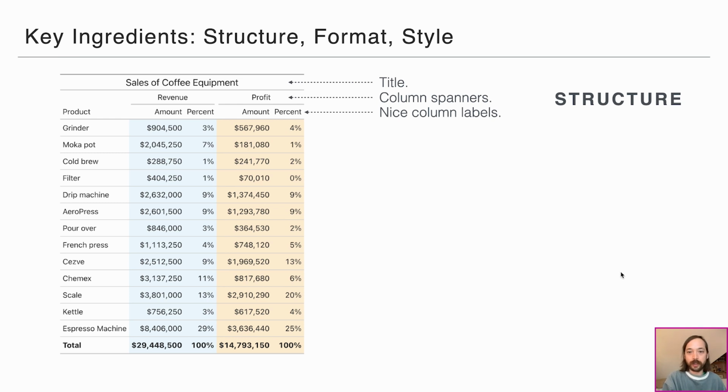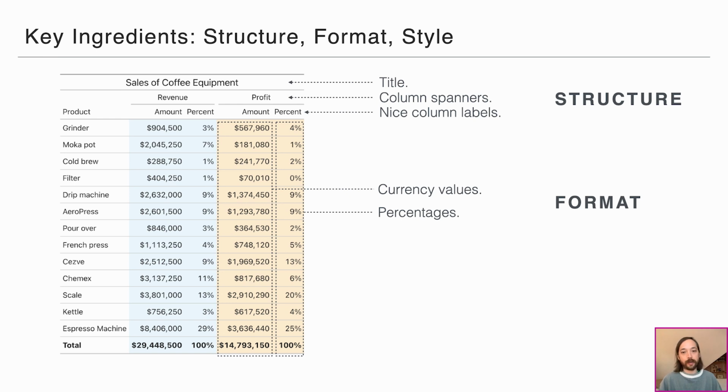The structure pieces are pieces like the title, these column spanners, which go over our column labels, and then cleaning up the column labels themselves. For format, we have things like formatting currency values, for example, to put a $ and commas in the right place, and percentages. So notice the percentages here are whole values. So we just clean them up a little bit for presentation.